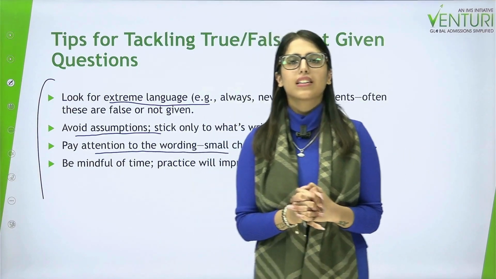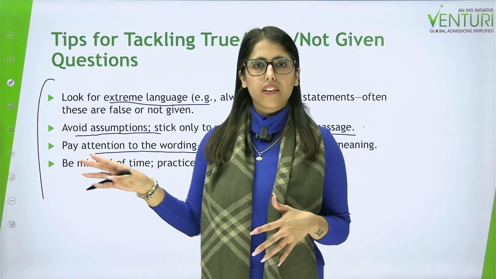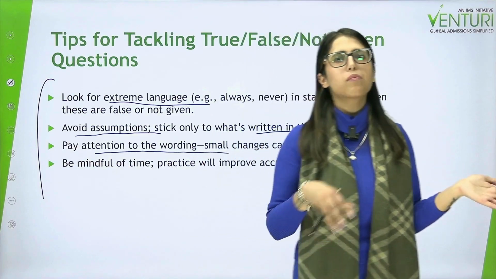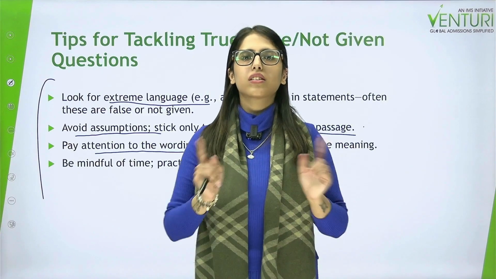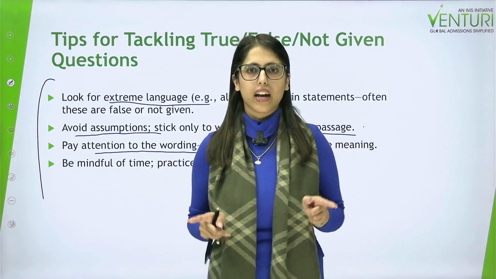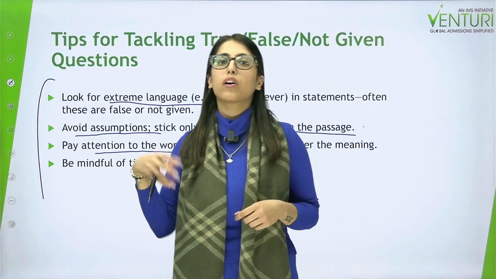Now here, the moment you see that the question statement is saying all the roses are red and the passage is saying most of or a few of them are red, you cannot just say that both of them are same, right? So here they are talking about a few things and here they are talking about all, right?